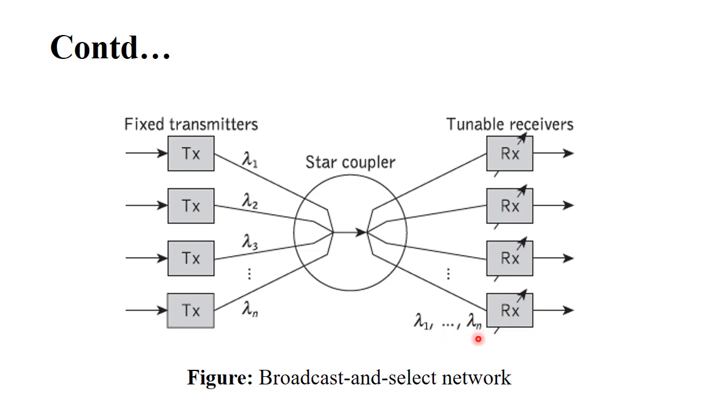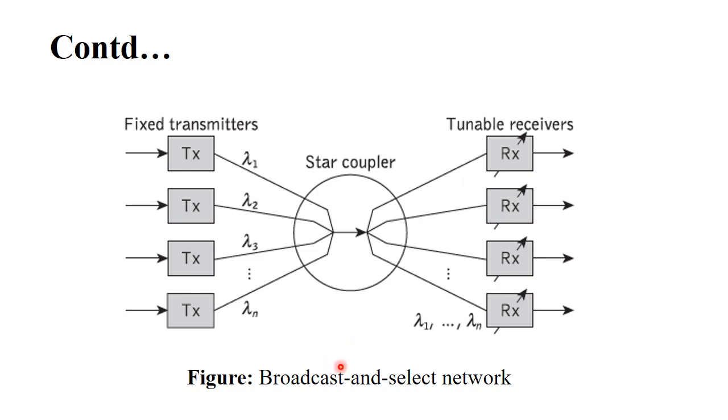Now all of these do not belong to all of the receivers. Therefore, whichever belongs to that particular receiver will be taken and processed by it, and the remaining wavelengths can be neglected, that means they are left unused by that receiver. So this is what broadcast is.